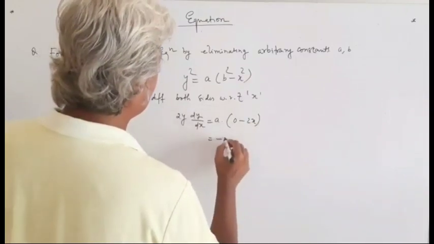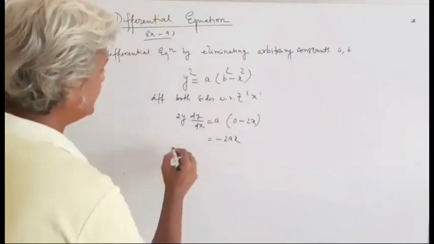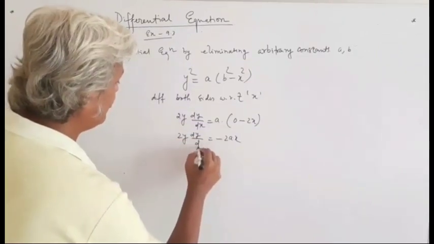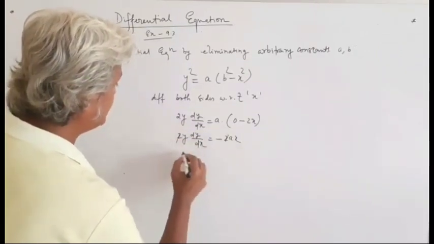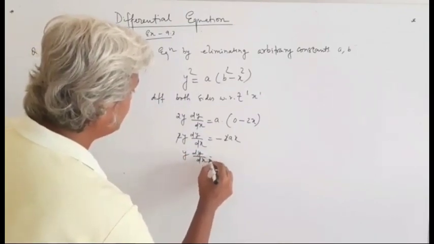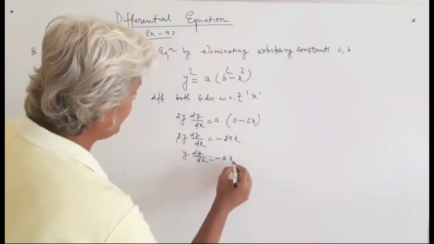So we have 2y dy over dx is minus 2ax. The 2 cancels, so y dy over dx is minus ax.